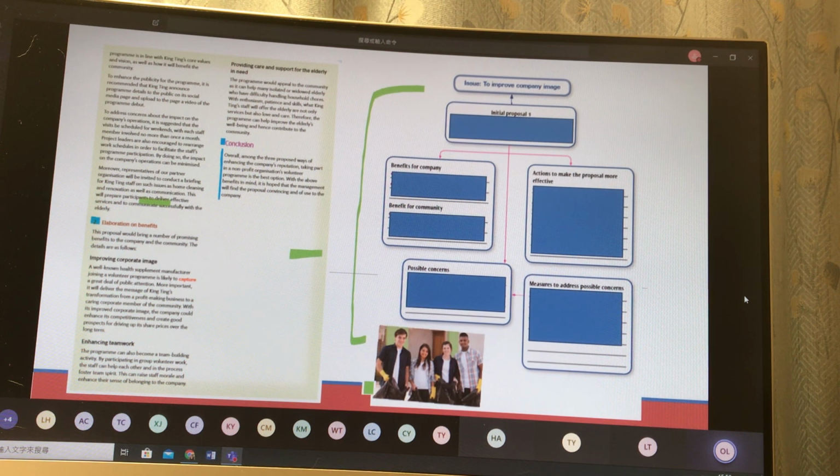You can either draw it up on your own on Microsoft Word, or you can complete it in the textbook and send it to me. But I want you to fill in all of these blanks based on this proposal. So tell me, what is initial proposal 1? What are the benefits for the community? What are the actions to make the proposal more effective? What are possible concerns? And what are the measures to address possible concerns?